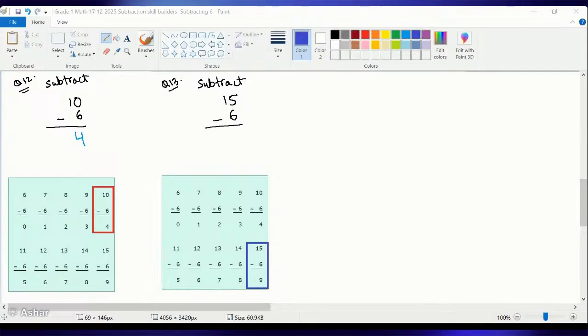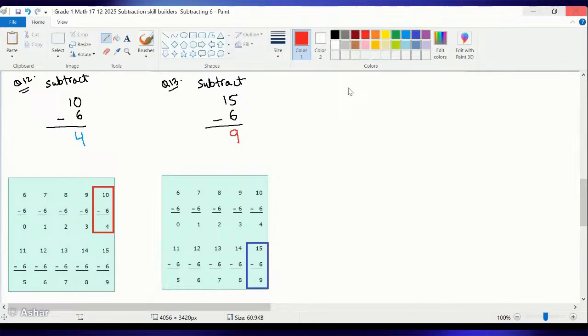See, we have 6 minus 6, 7 minus 6, 8 minus 6, 9 minus 6, and so on, till 10, 11, 12, 13, 14, 15. 15 minus 6 should be equal to 9. Okay, very good. Thank you.